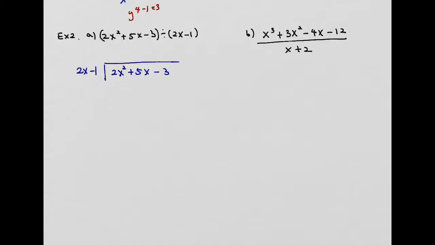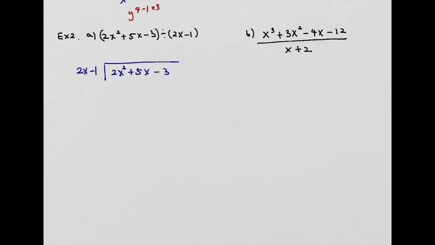This problem, we do not have missing terms. Why is there no missing term? It's because this polynomial starts with quadratic: second power, first power, and no power. So there are no missing terms when it starts from the square. Same thing here: first exponent and no exponent, so there is no missing term between.